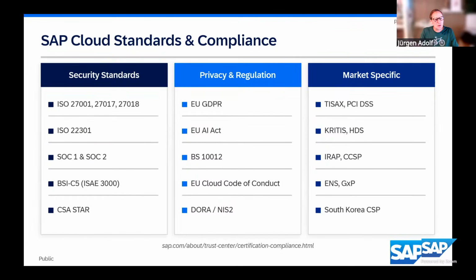And the right column covers the market-specific requirements we follow. So TISAX for automotive, PCI DSS for payment card security, CRITIS and HDS for critical infrastructure, IRAP and CCSP for government cloud security.